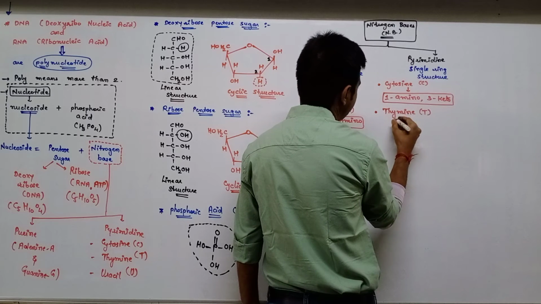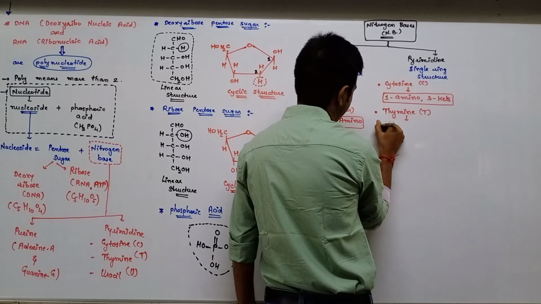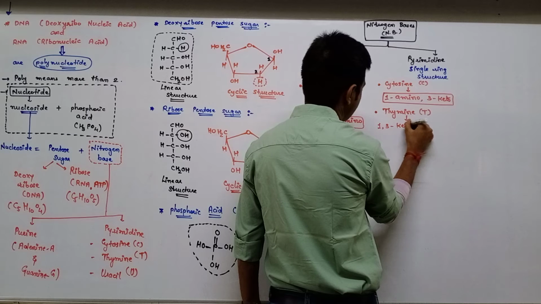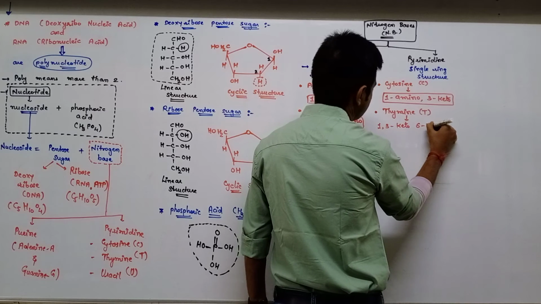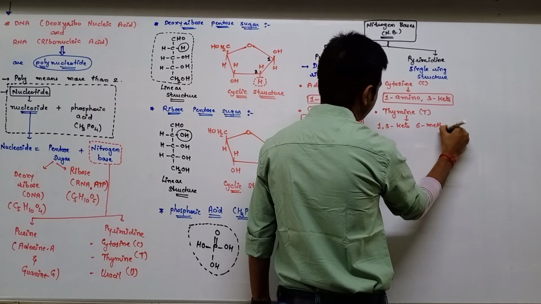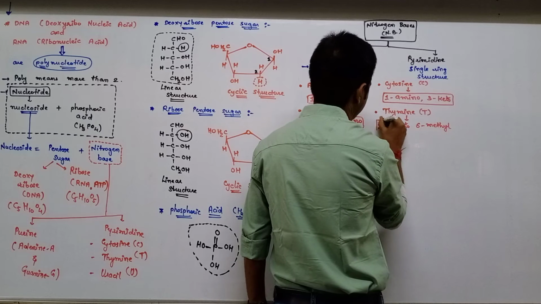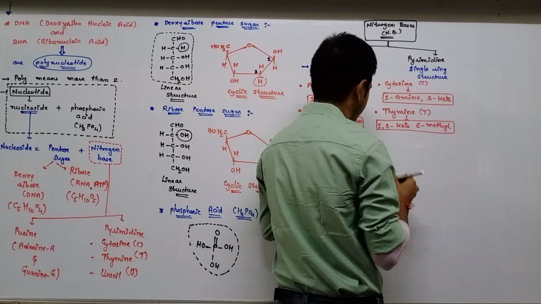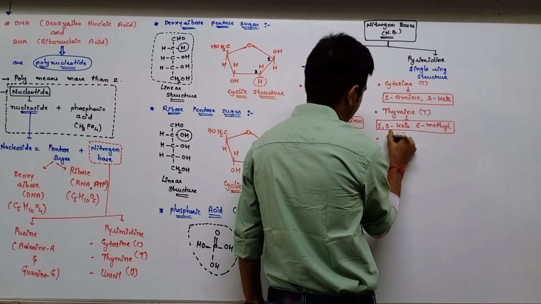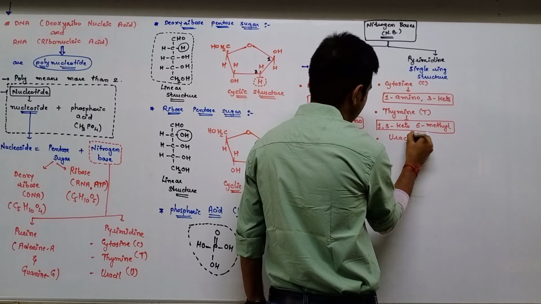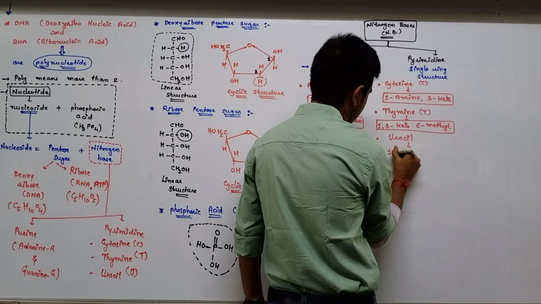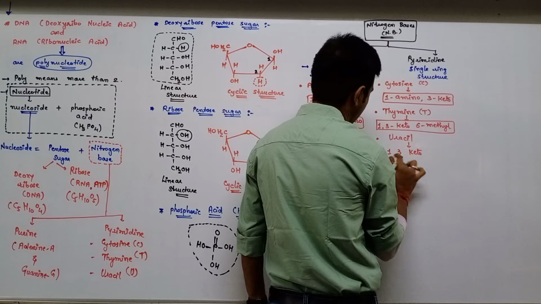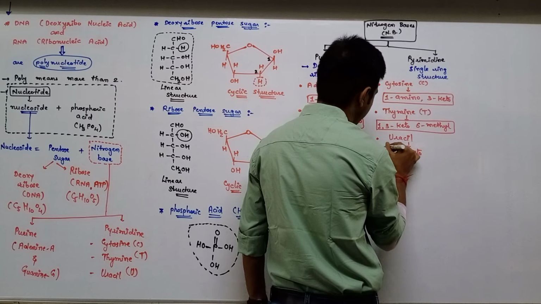Thymine, capital T, 1 3 keto 6 methyl. And uracil, 1 3 keto.